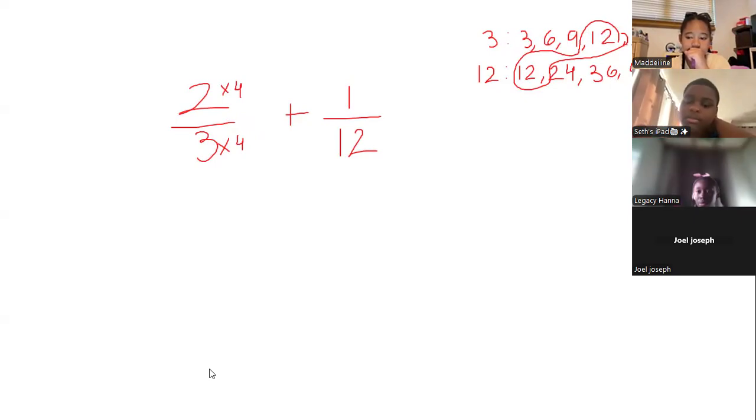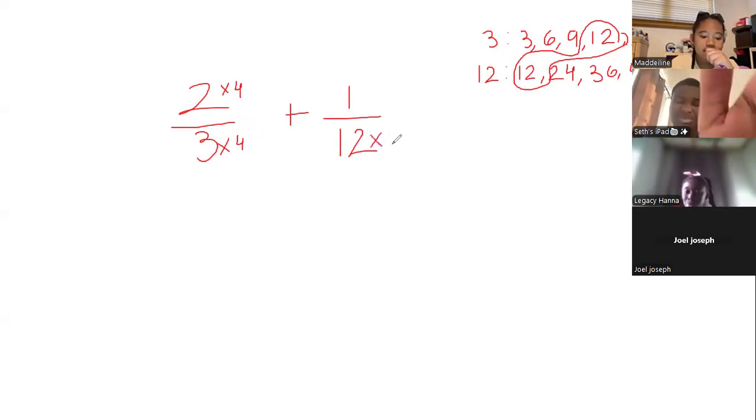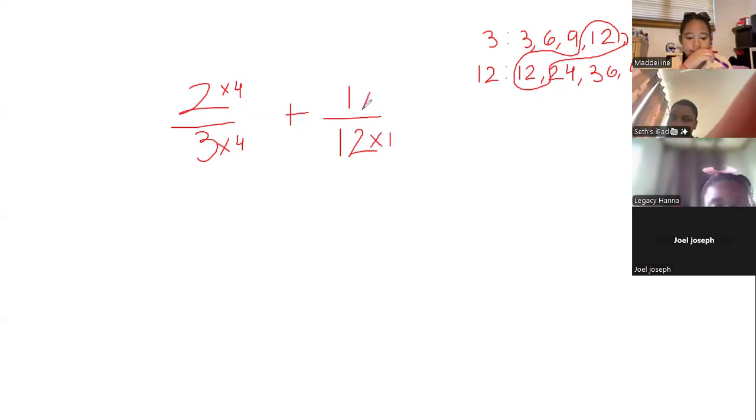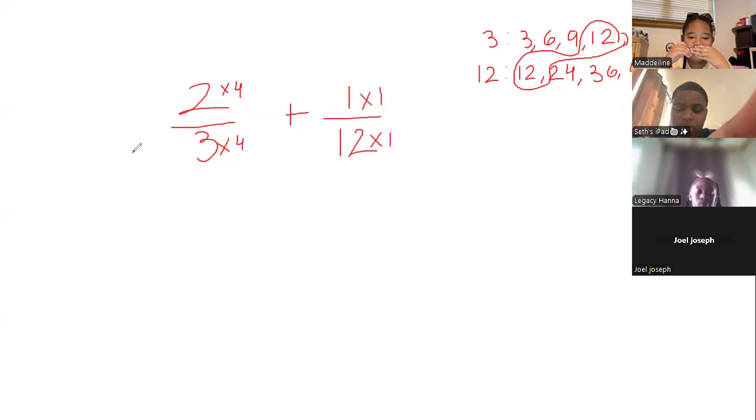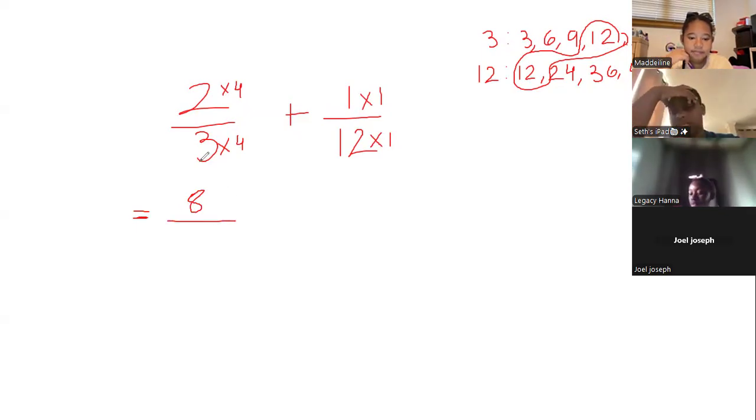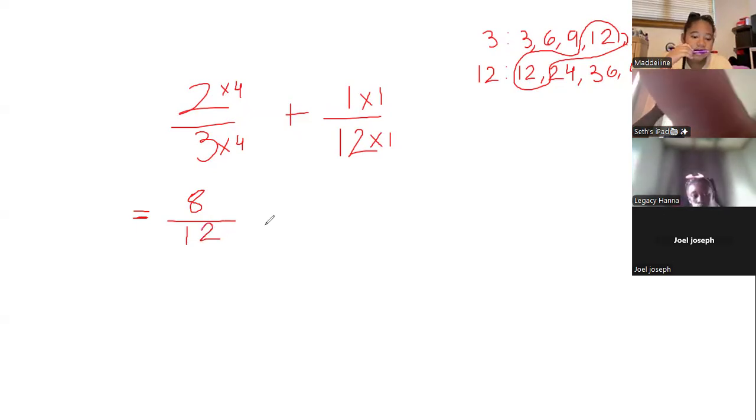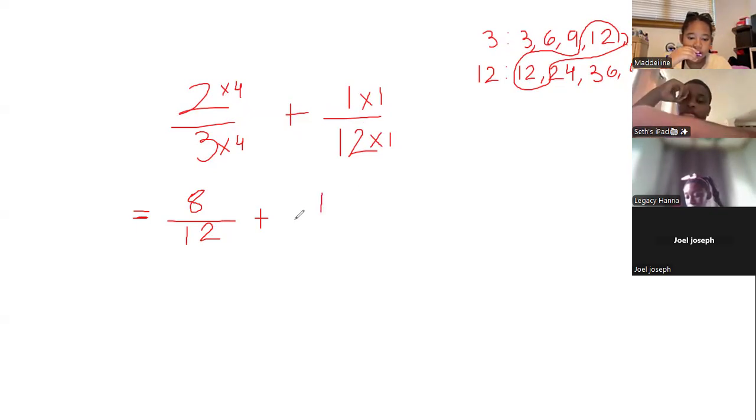And then what times 12 is 12? 1. 1, very good. Whatever we do to the bottom, we must do to the top, right? So we say what? 2 times 4 is what? 8. 3 times 4 is what? 12. 12, very good. Plus 1 times 1 is 1. 12 times 1 is 12.